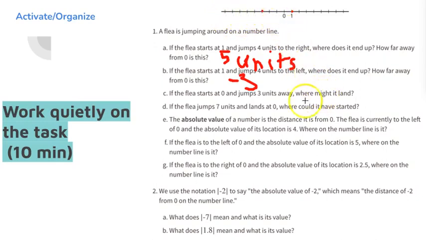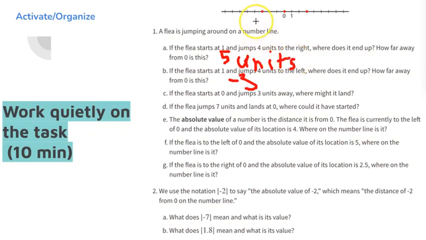If the flea lands at 0 and jumps 3 units away, where might it end up? Well, there's 2 possible places, right? So if it's at 0 and it jumps 3 units, it could end up here, or it could jump 3 units this way.